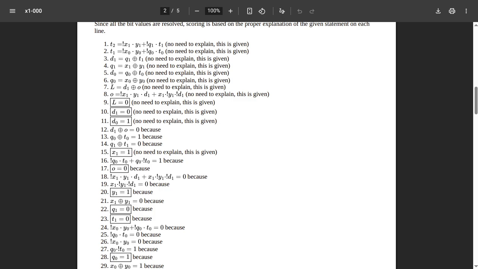Okay, so which one were we on? 21, I think. So 21, I would look for Q1, okay? So why do you think 21 has to do with Q1? Well, because it is defined up there, number 4, okay? But the other reason is because I studied. I know Q1 is the R of x1, y1, but the R of x1, y1 for binary numbers is just the exclusive OR between those two.